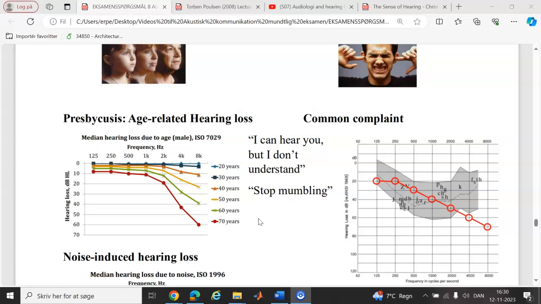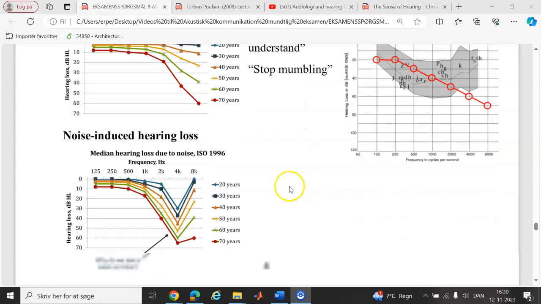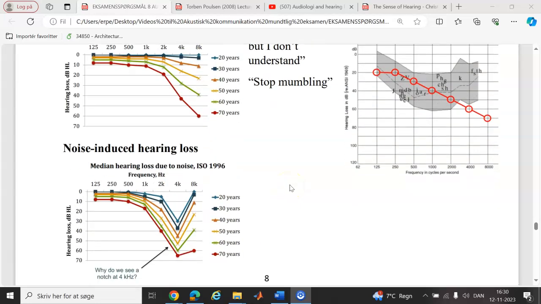Stop mumbling. And again, the hearing loss is more serious at higher frequencies. It can be, for instance, 20 dB hearing loss at low frequencies, then increasing up to maybe 70 decibels at 8 kilohertz.